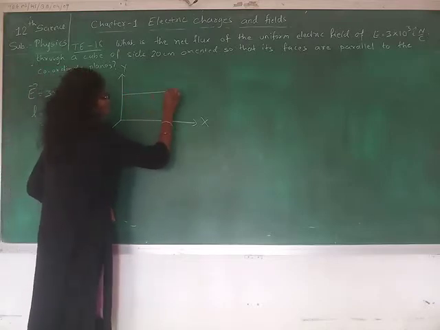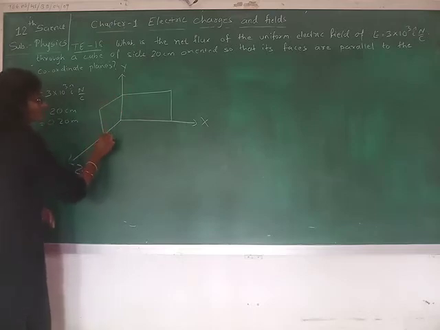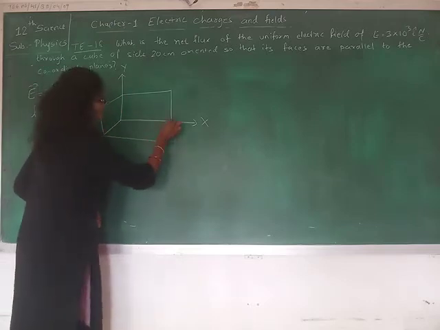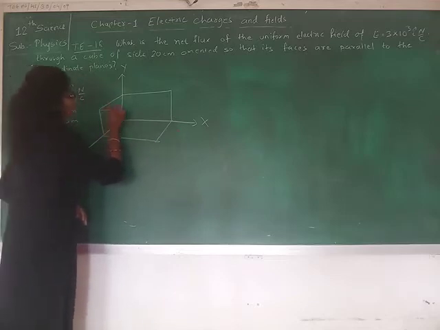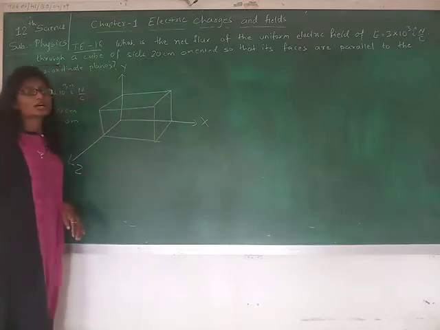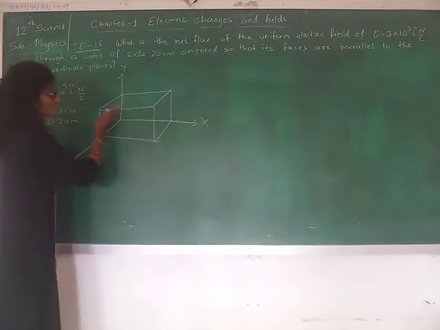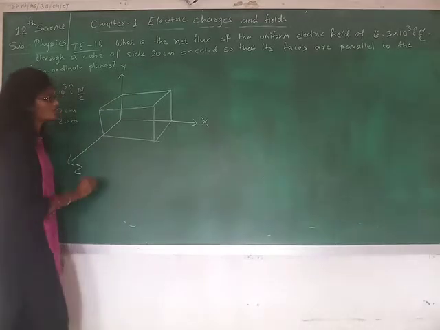So one of the planes is over here. Here let it be another plane. Let it be another plane. So this is how the cube is placed in the coordinate planes. Faces are parallel to the coordinate planes.